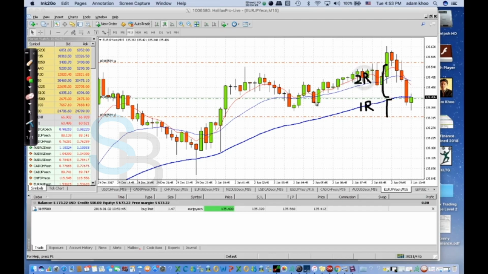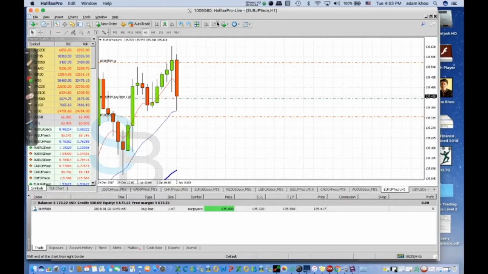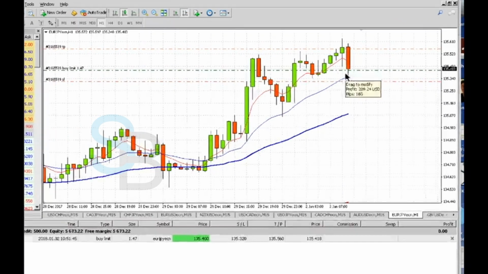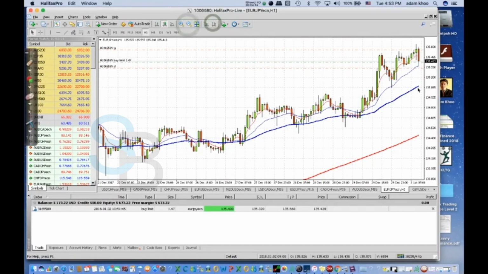One of the things you need to check as well, I actually checked it before, so let me show it to you right now, is you've got to check the hourly candles as well. Always remember, check hourly. Notice on the hourly candles, it must also be in a clear uptrend, where the 18 is above the 50 moving average and the 50 is above the 200 moving average.